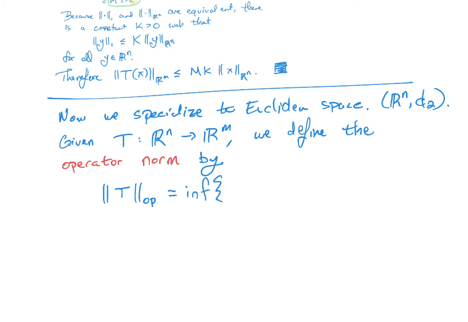This is the smallest of the constants that work in the previous results. And of course, like I said, we're just considering two norms now.